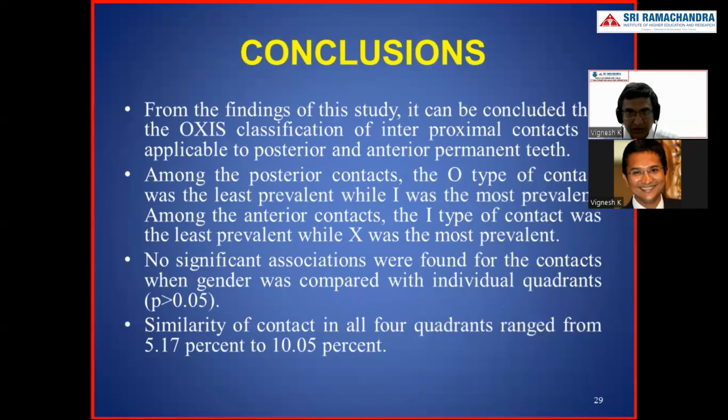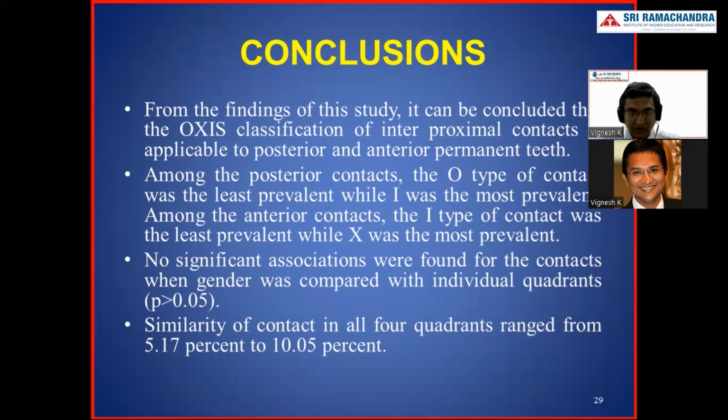Therefore, we would like to conclude that the OXIS classification of interproximal contacts is applicable to posterior and anterior permanent teeth. And among the posterior contacts, the O type was the least prevalent and the I was the most prevalent. Among the anterior contacts, the I type was the least prevalent, while the X was most prevalent.